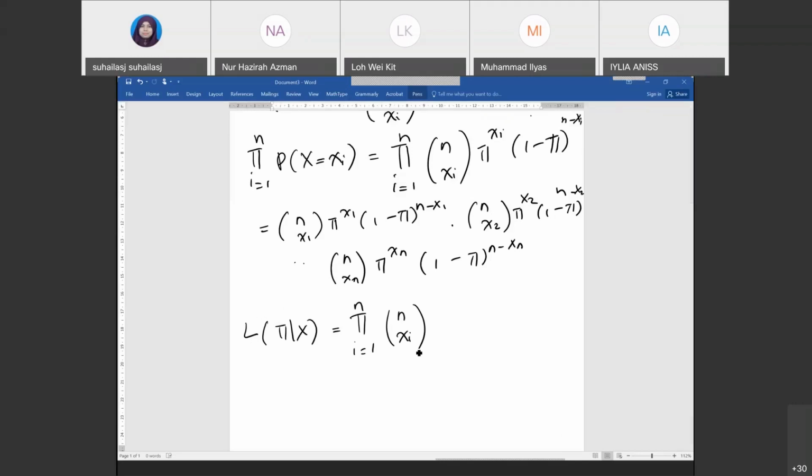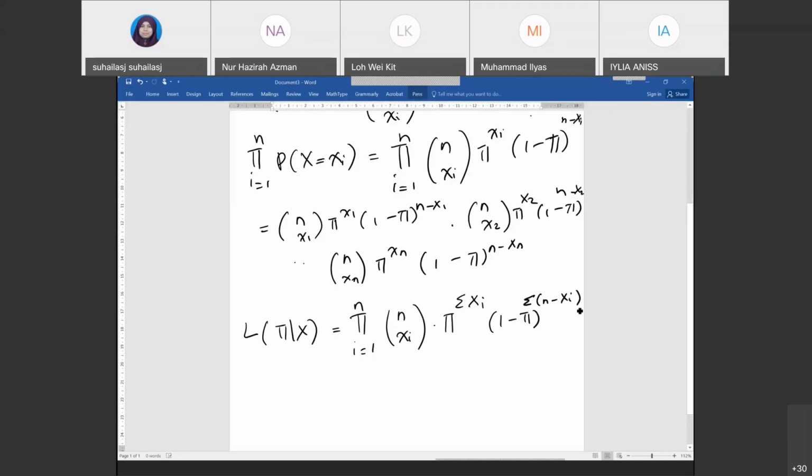Okay. So pi ni kita ada pi to the power x1, pi to the power x2 up to pi to the power xn. So you darab pi, dia akan jadi summation xi. Okay. So this one, 1 minus pi. Kita ada n minus x1, n minus x2, n minus xn. Kat sini kamu akan ada ini n minus xi.